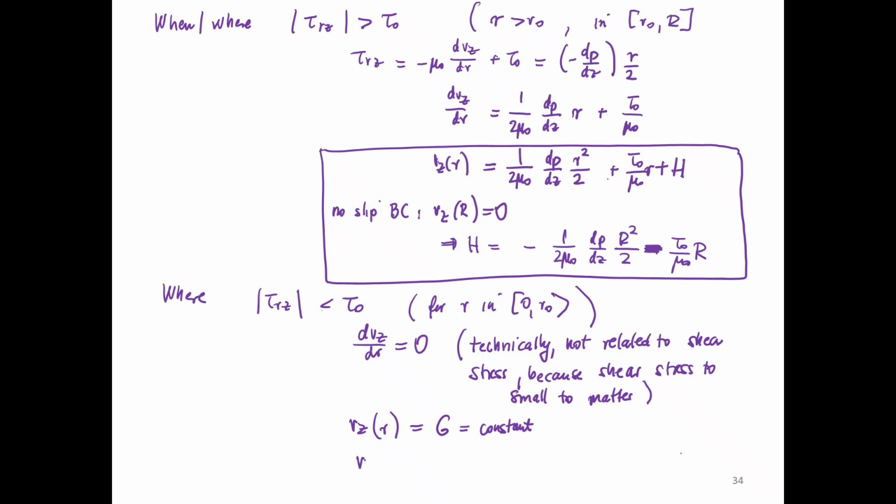So Vz of R0 has to match the above formula when evaluated at R0. So basically, this entire big expression just evaluated at R0.